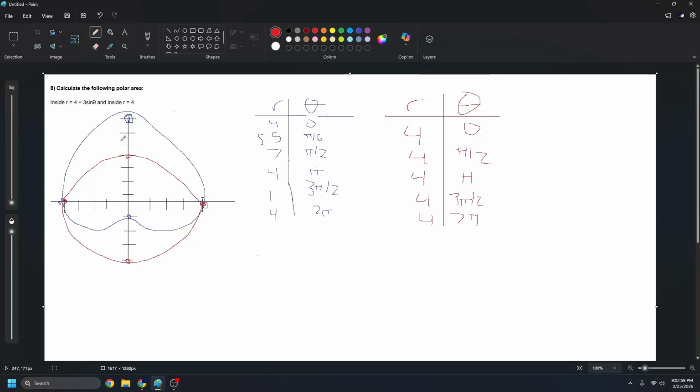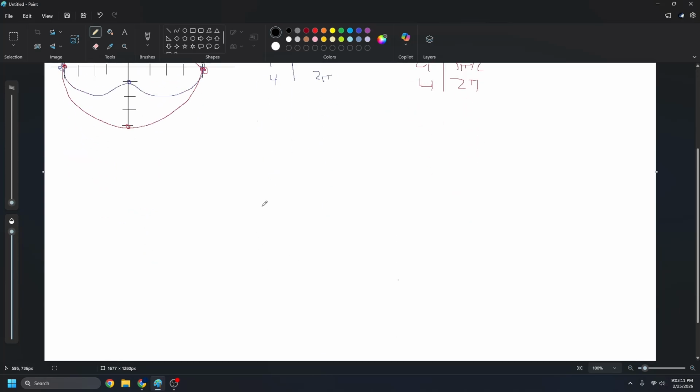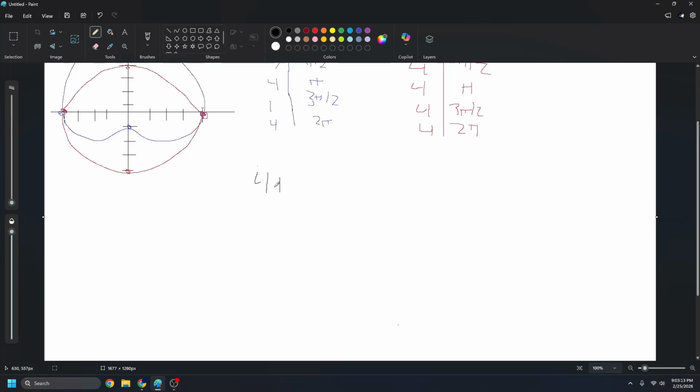So now the next part is how we find our intersections. I feel like the easy thing to do is simply set the two equations equal to each other. So here we're going to set 4 plus 3 sine theta equal to 4. We set our first r equation equal to the second one. We subtract 4 on both sides, cancel them out. So that would mean 3 sine theta equals 0.